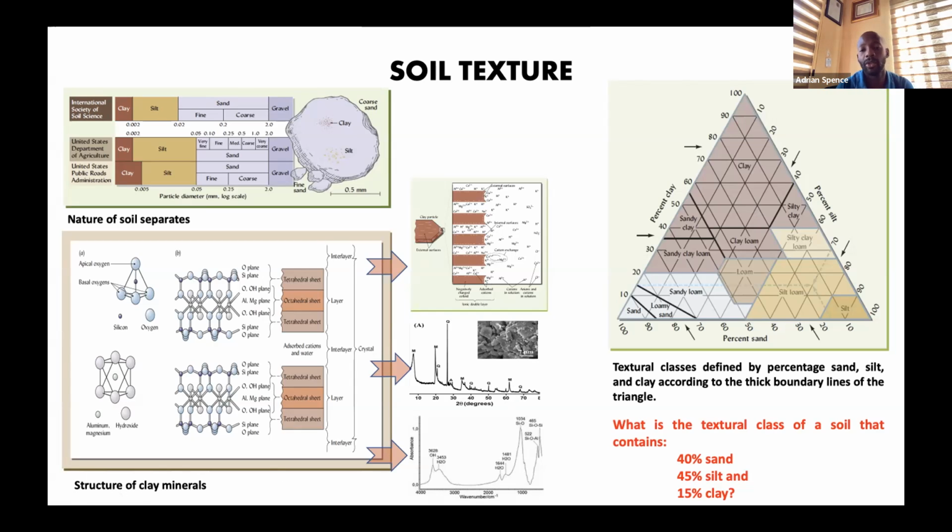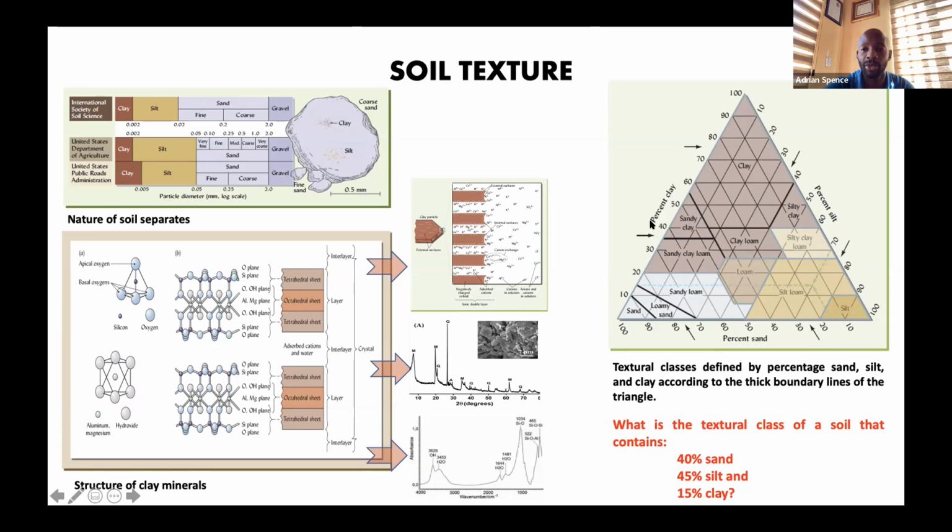Now, the other thing to look at here is the way these minerals combine in soils. Sand is not just by itself, clay is not just by itself, silt is not just by itself, but they are in various proportions, and they combine to form what you call the texture of the soil. That is represented here by what you call a textural triangle.